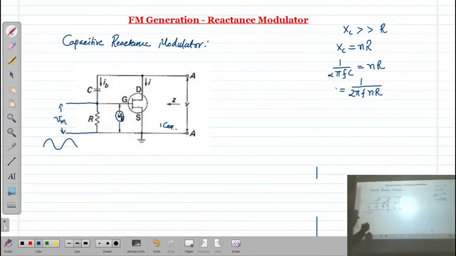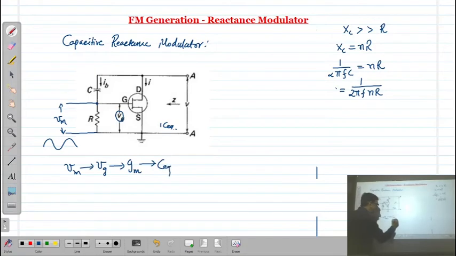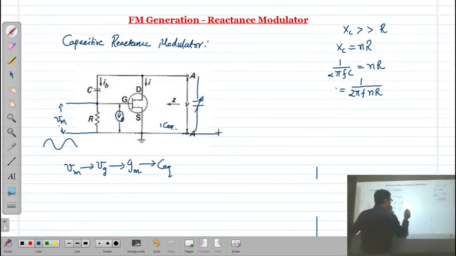So the modulating voltage is going to change the gate voltage, and the gate voltage is going to change the transconductance. And just now we saw the transconductance of the FET is changing, and that is going to change the C equivalent. So as my modulating signal is increasing, decreasing, whatever the value of the capacitor is here, it is going to change. And this is connected, remember, the output of the reactance modulator is connected to a tank circuit.